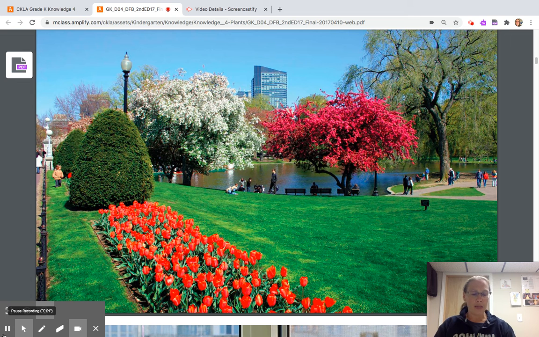Why do plants look different depending on the place where you find them? Did you remember that plants look different because in a desert, it is very dry and they only need a little bit of water to survive?